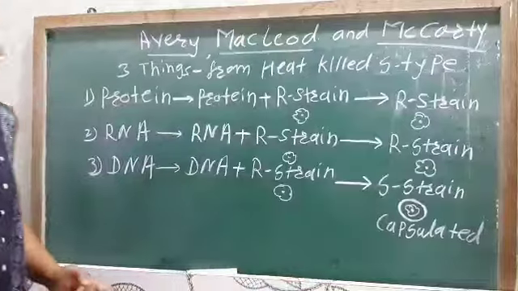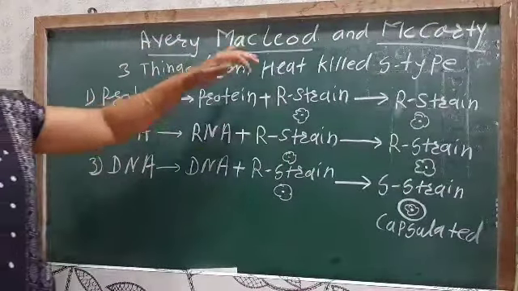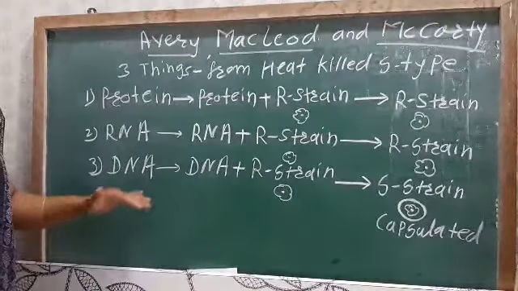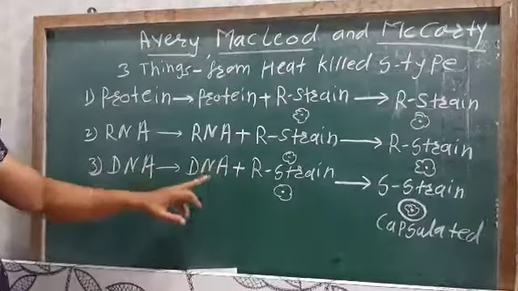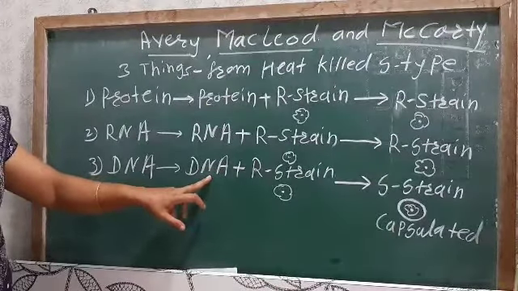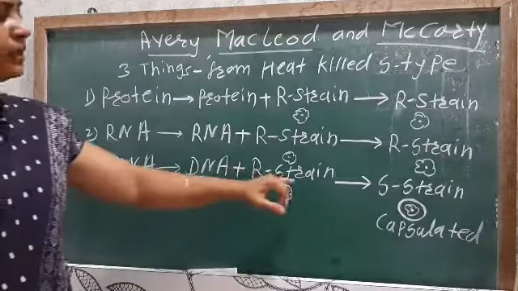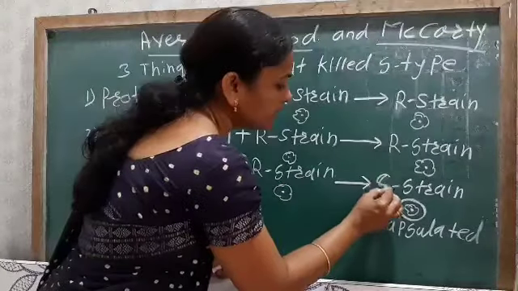And these three scientists, Avery, MacLeod and McCarty, by this test proved that the DNA is the transforming principle, due to which the R strain gets transformed into the S strain.